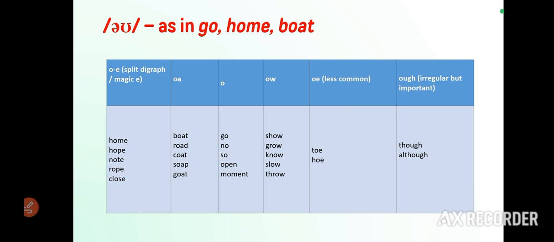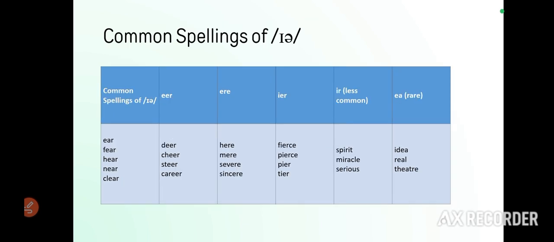Now it can also be spelled like OW in slow and grow. It can also appear as OE in toe. Irregularly, sometimes it can appear like OUGH in though and although.